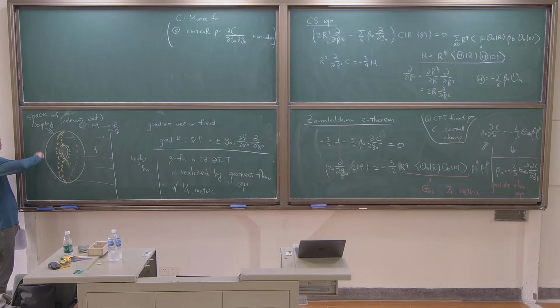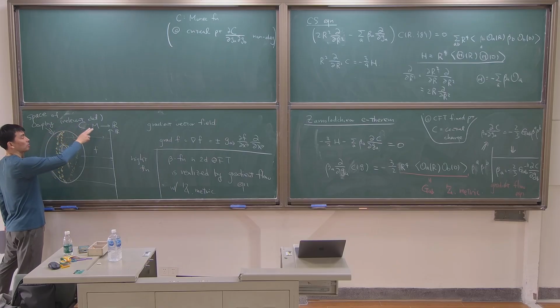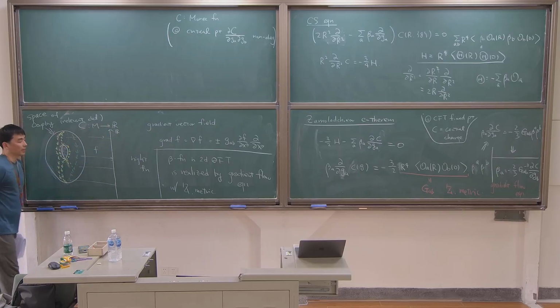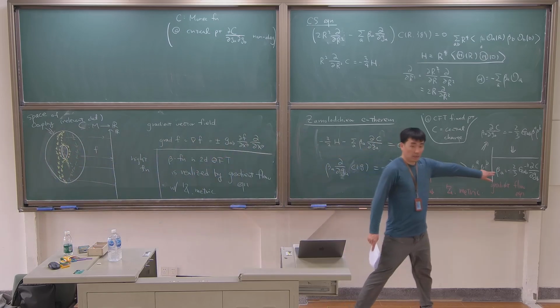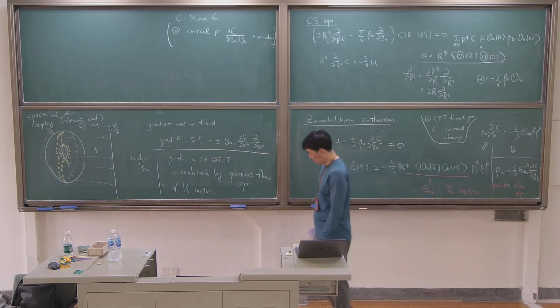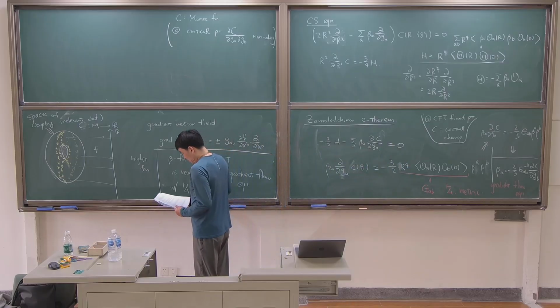But anyway, this space of coupling constants can have a manifold structure, and c is just a Morse function from this space to R, and then this beta can be realized as a gradient flow of this Morse function.